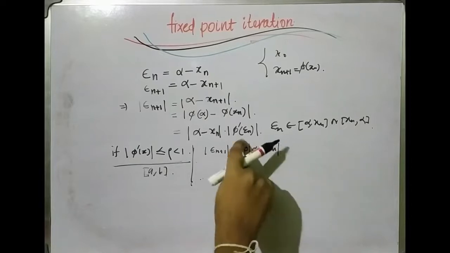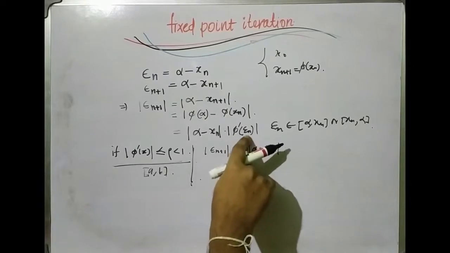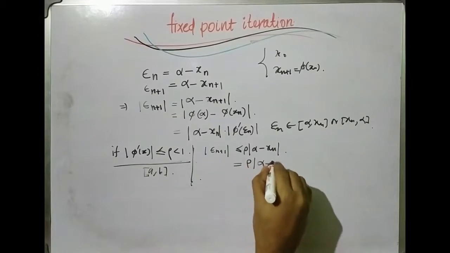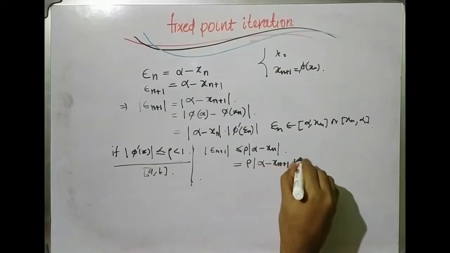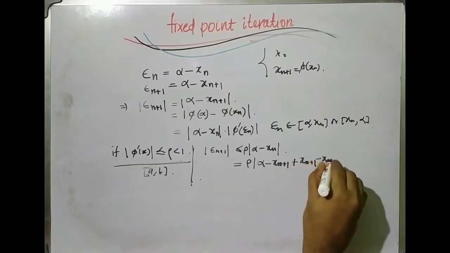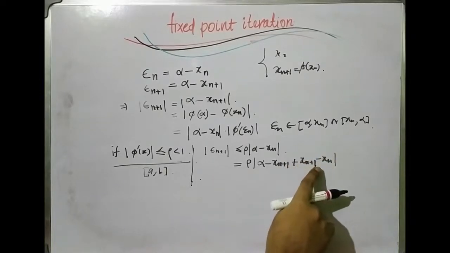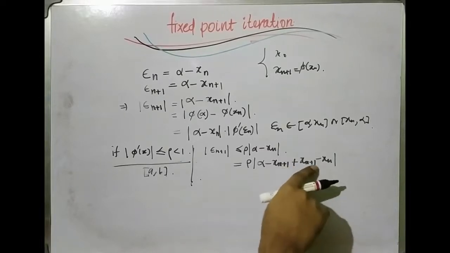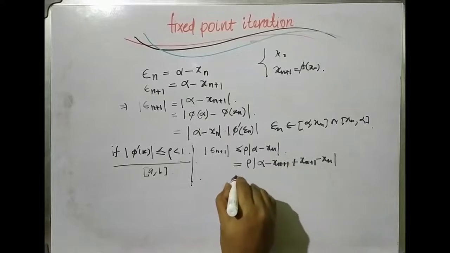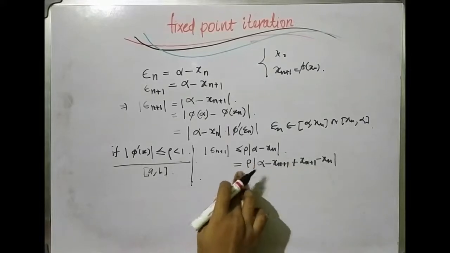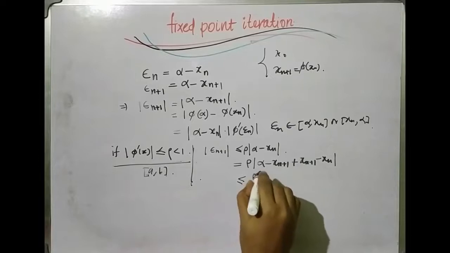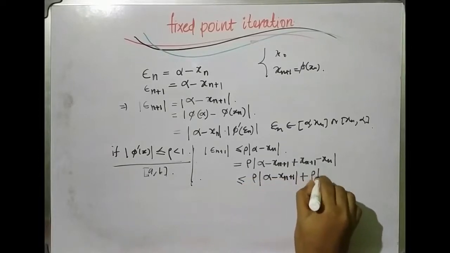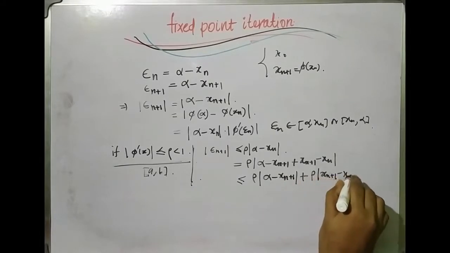xn. So I am writing this as less than or equal to rho, which can be written as alpha minus xn plus 1 plus xn plus 1 minus xn. So I am adding an extra term xn plus 1 and subtracting it so that it balances both sides, and now it will give us less than or equal to rho into alpha minus xn plus 1 plus rho into xn plus 1 minus xn.